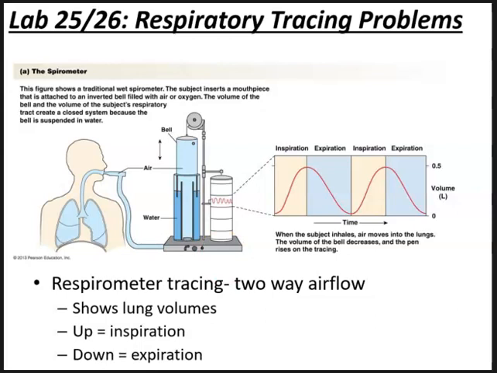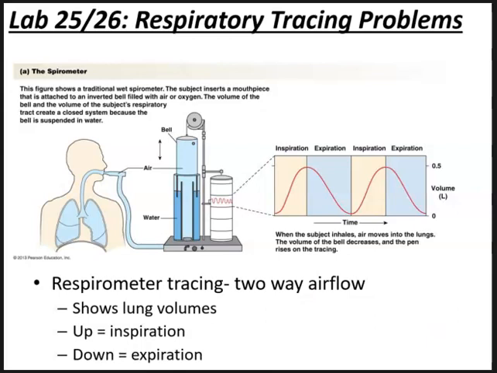The volume of the bell and the volume of the student's respiratory tract create a closed system. So we know that oxygen will be used up over time, which increases the carbon dioxide content, and the carbon dioxide content will eventually increase respiratory rates.